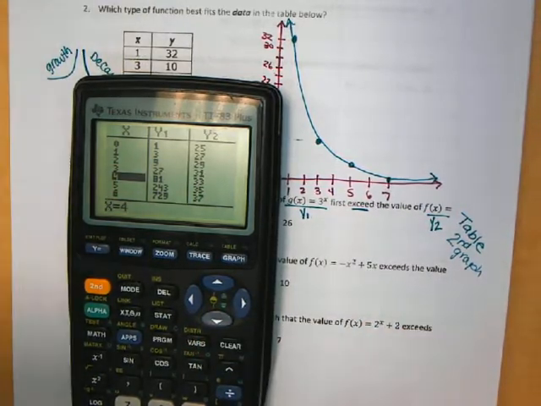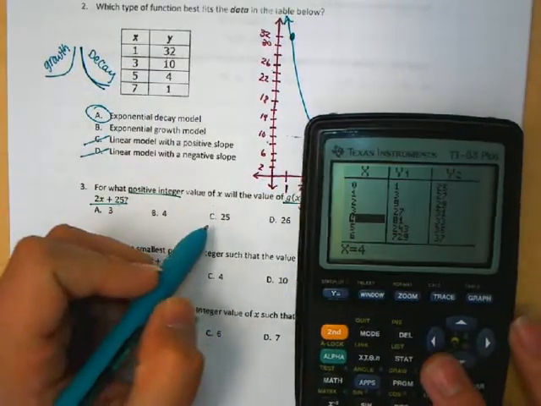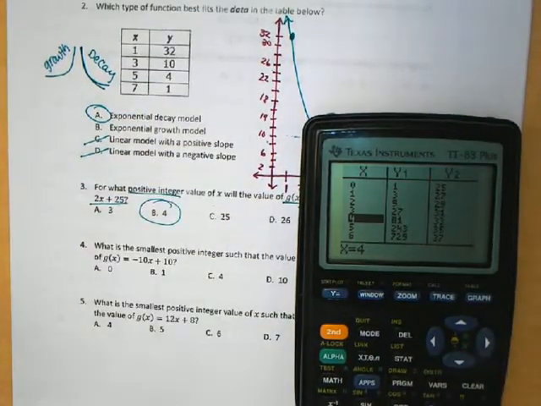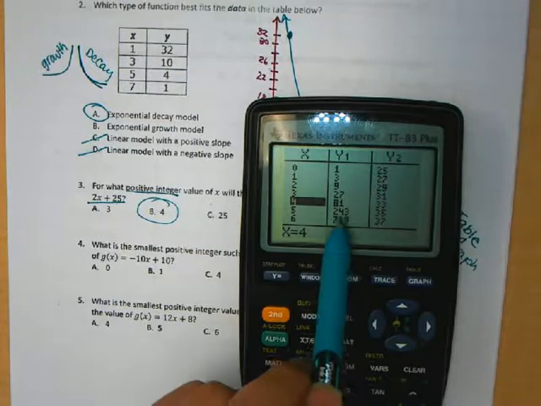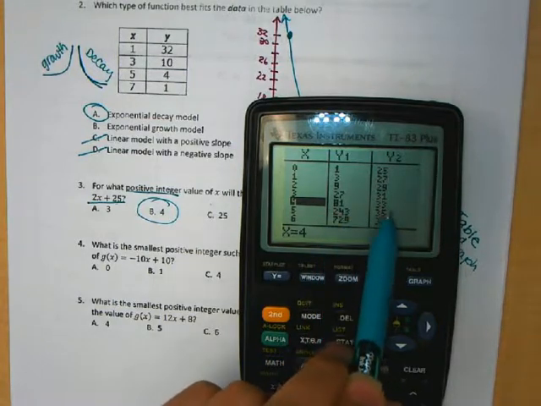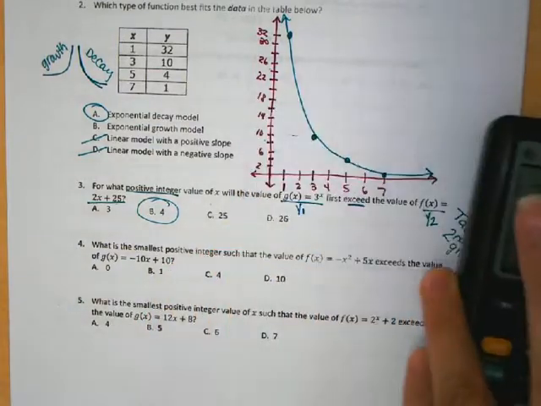So at 4, that's the first time that g of x was bigger than f of x. So that's my answer. So we just had to see where this number was bigger than this one, and it happened at 4. And we'll do a few more examples of this to make sure it makes sense.